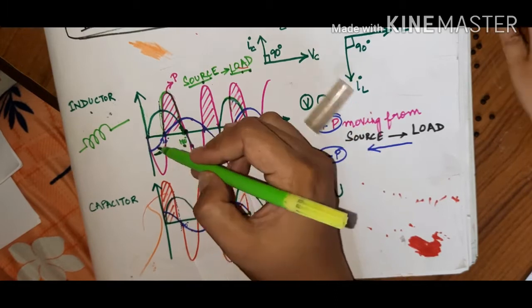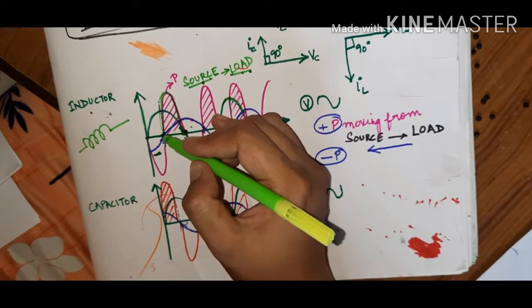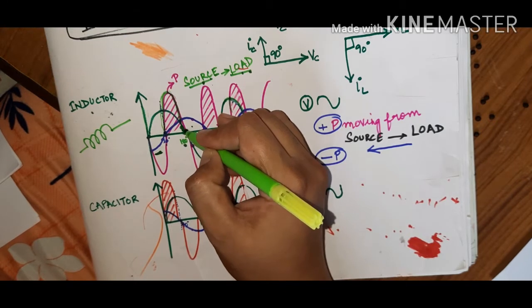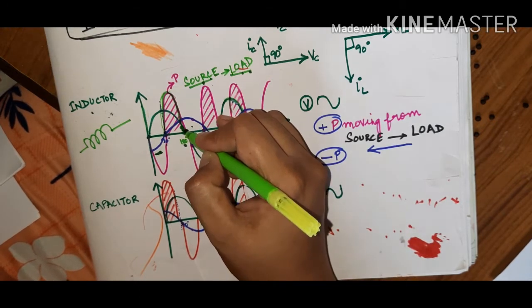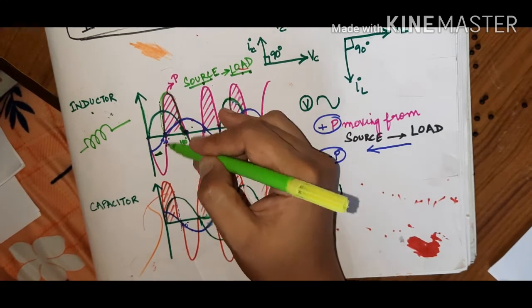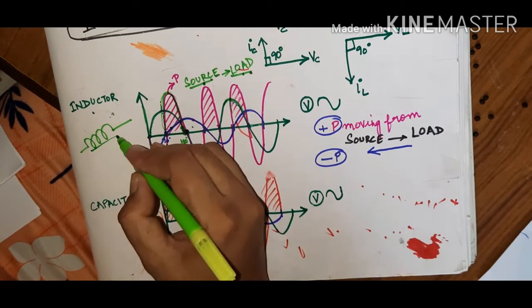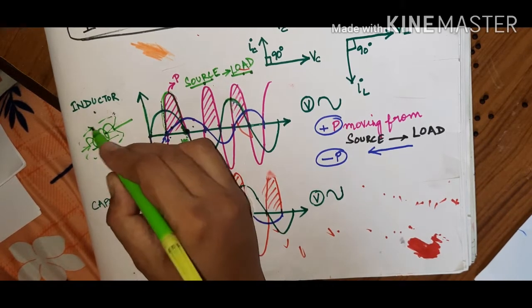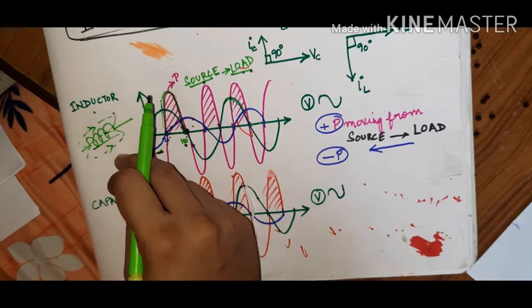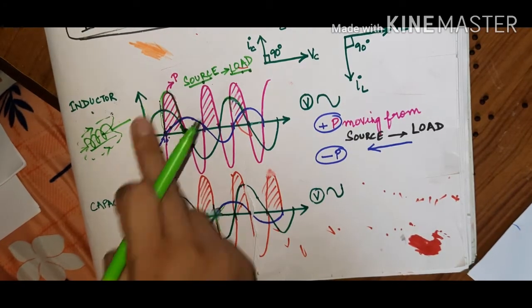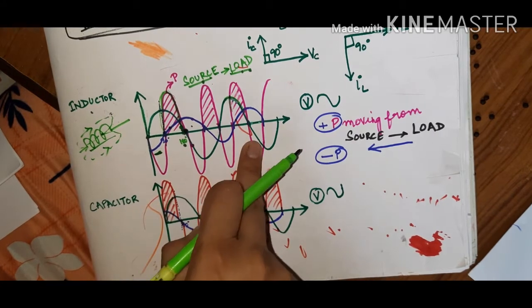From an entire cycle of 0 to 180 degrees, only half of the time the inductor is requiring the reactive power. For the rest of the time, that is the negative half cycle, since it is an inductor, it stores energy in the form of a magnetic field. So it also supplies back some energy from the load to the source. That is during the negative half cycle.